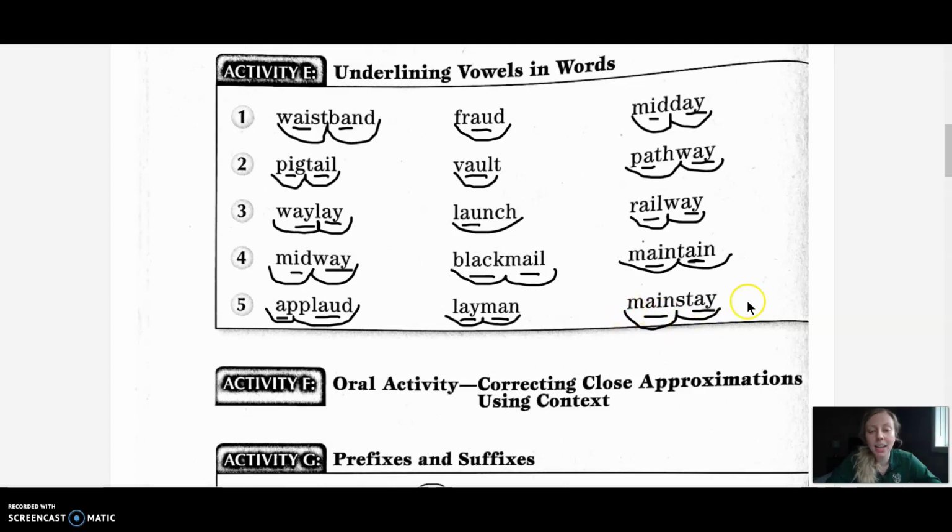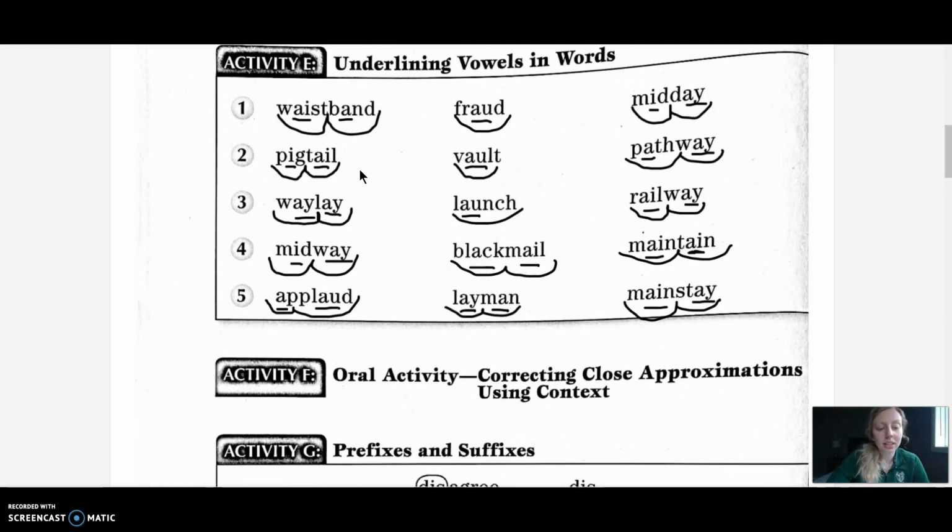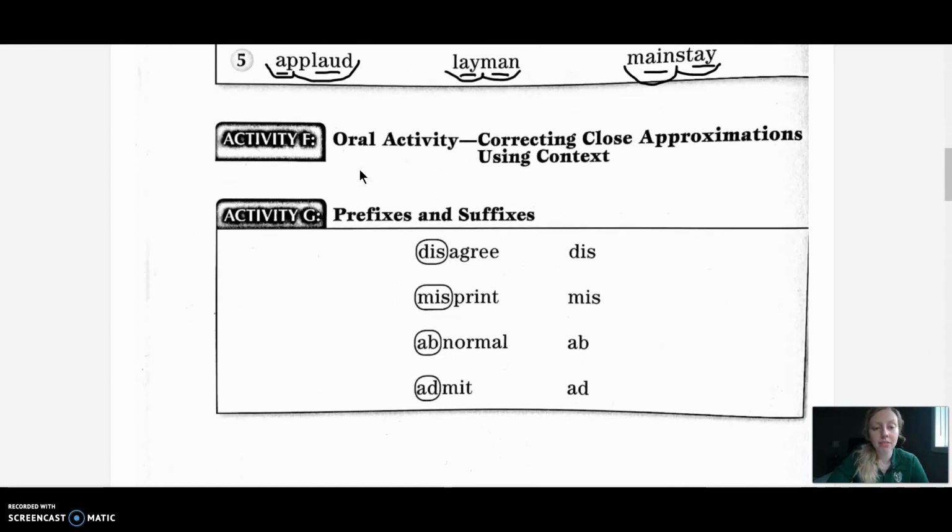Mainstay, mainstay. When you break it up into word parts, I want to encourage you to read the full word afterwards. So if we said waistband, I want you to say waistband. Midday, midday. Pigtail, pigtail. So after we split it up into those word parts, say the full word. Okay, great.